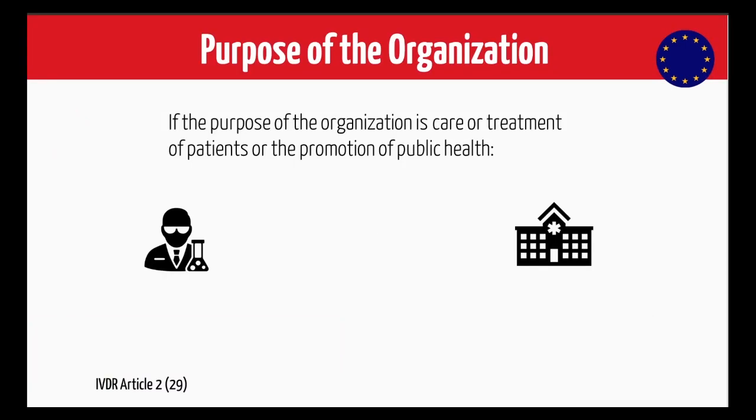First of all, it is necessary that we define the purpose of the organization. If the purpose of the organization is care or treatment of patients or the promotion of public health, we can easily set equal a medical laboratory to a health institution. So this is something the medical laboratory should state in its quality manual, for instance.